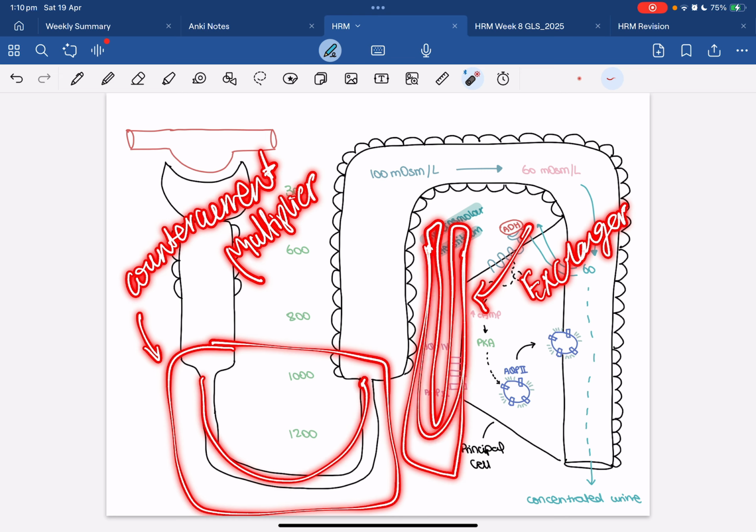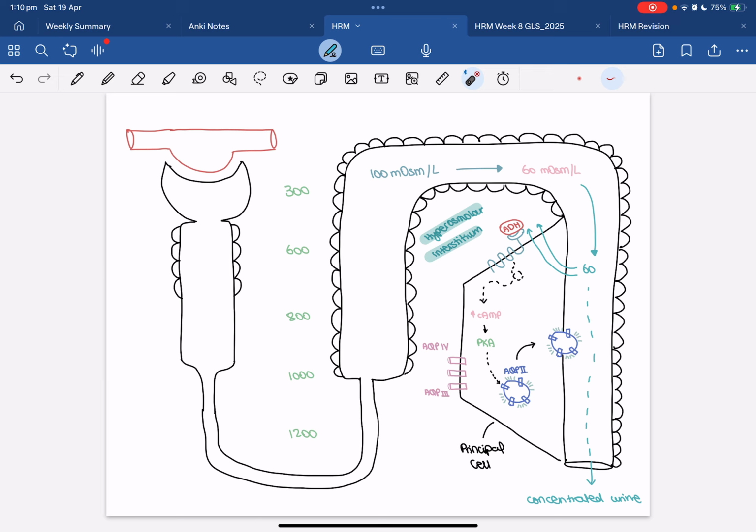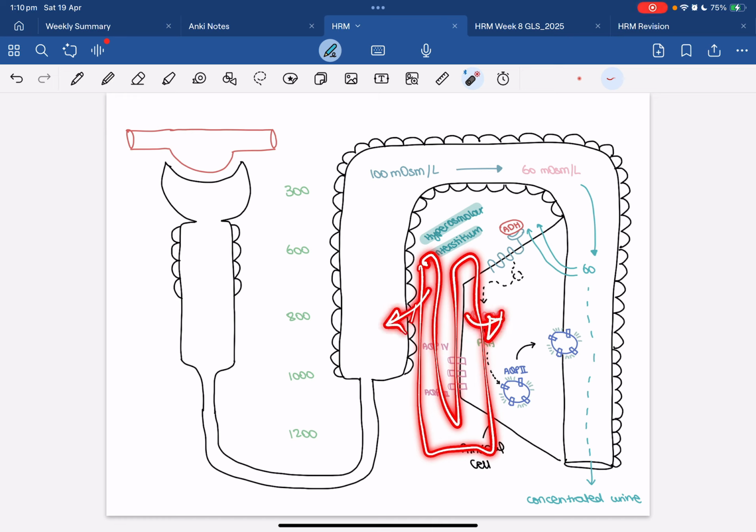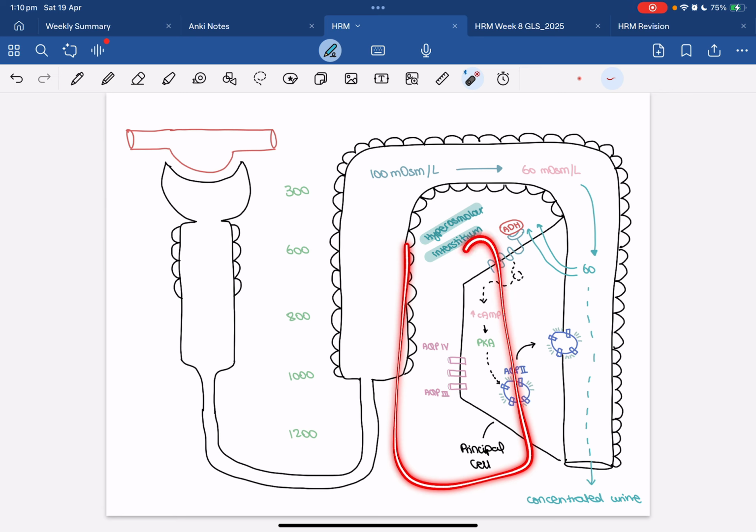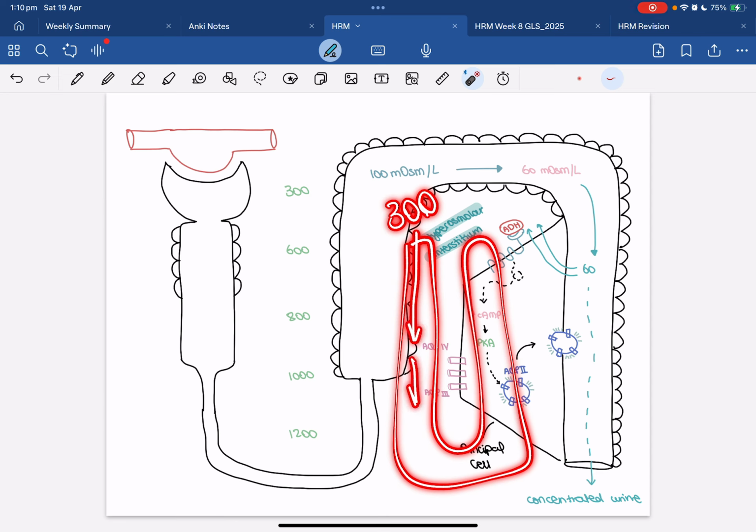When we're looking at the vasa recta, it's just capillaries that run parallel to the loop of Henle, and they help to maintain that osmotic gradient, which is established by this loop, and it prevents washout. So let's say that if this is the vasa recta, we start off with 300 milliosmoles per liter. It goes down and becomes more hyperosmolar.